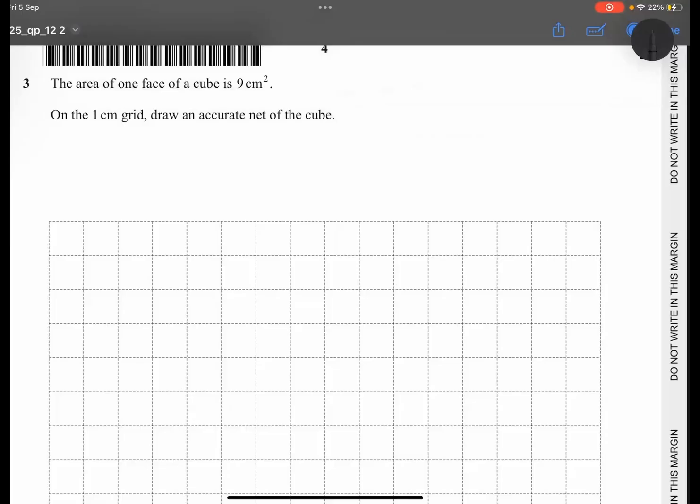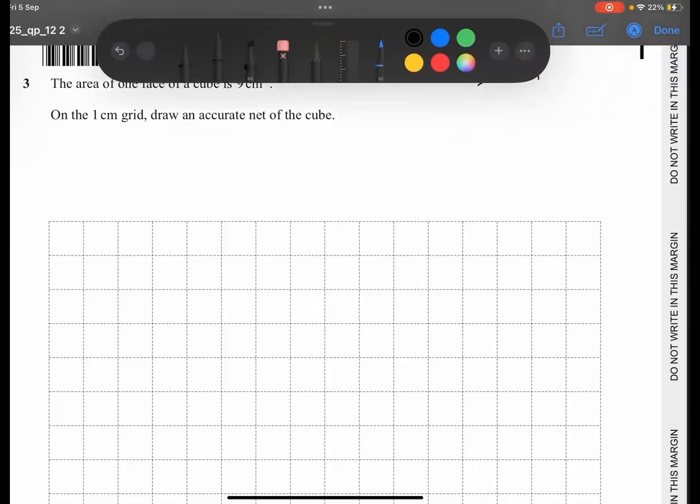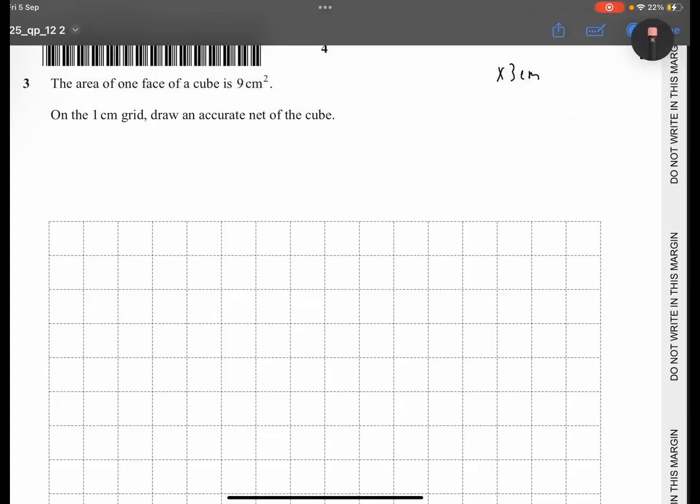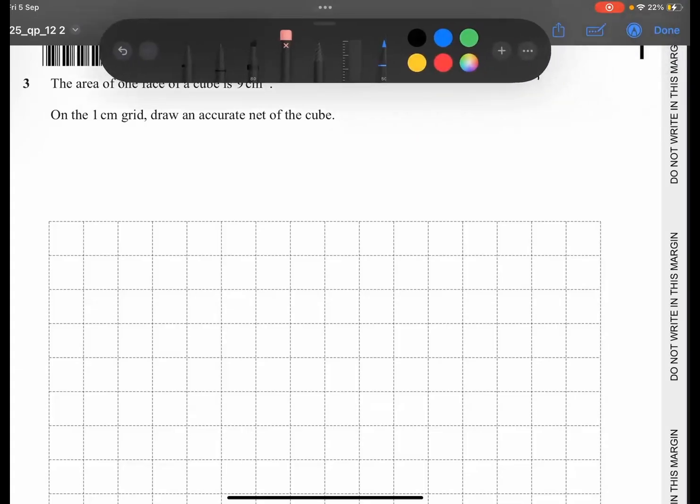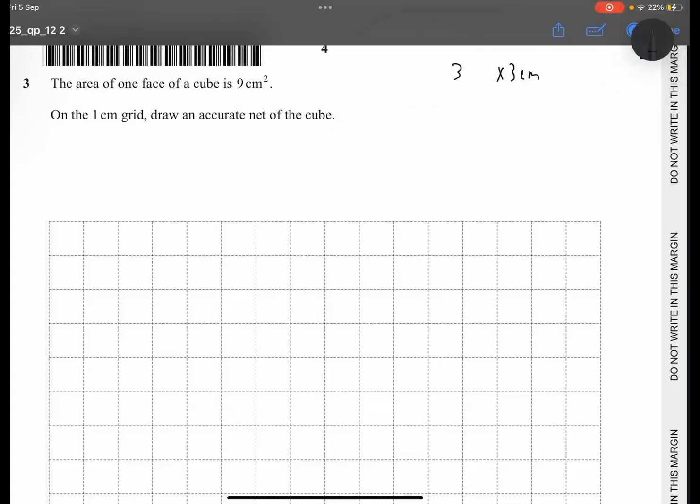So area is equal to centimeter into centimeter, right? That would be giving us 3. If we multiply 3 centimeter by 3 centimeter, we would be getting 9 centimeters square.